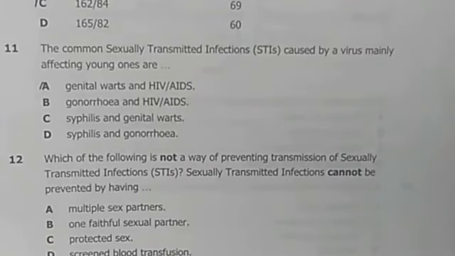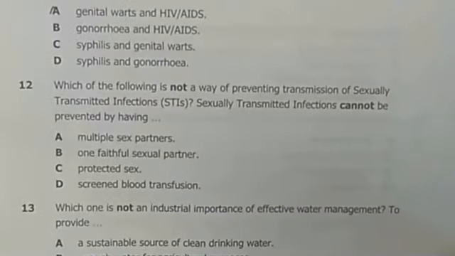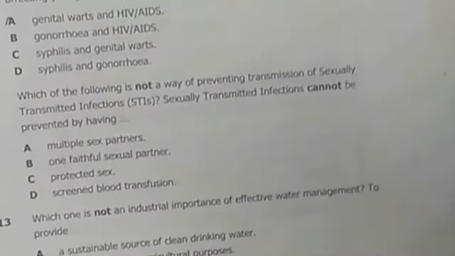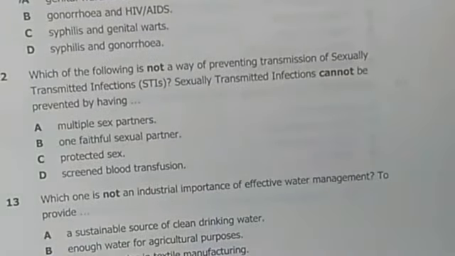Okay, we come to question number 12. Question number 12 is: which of the following is not a way of preventing transmission of sexually transmitted infections? Okay, so sexually transmitted infections cannot be prevented by having multiple sex partners.